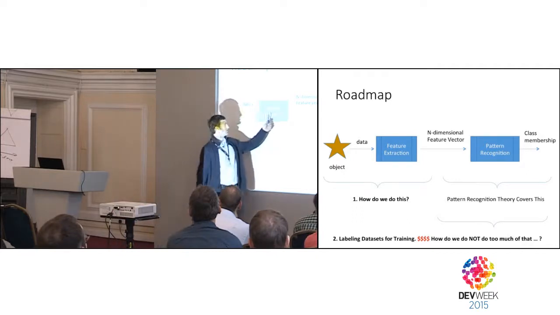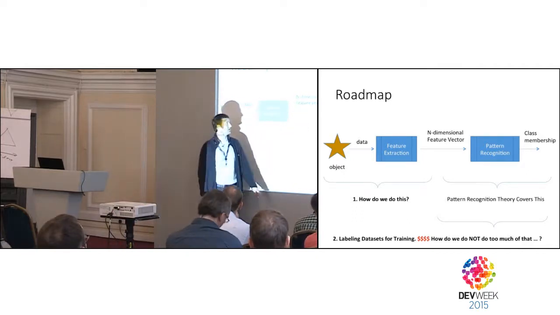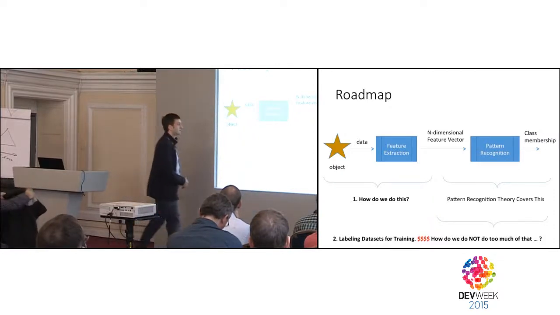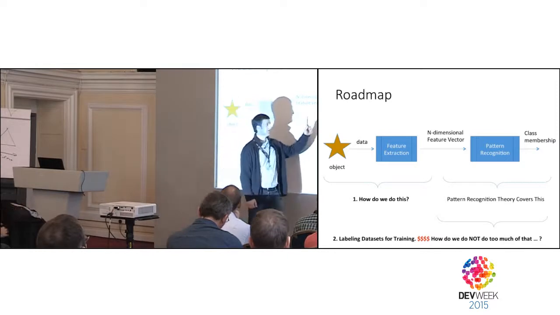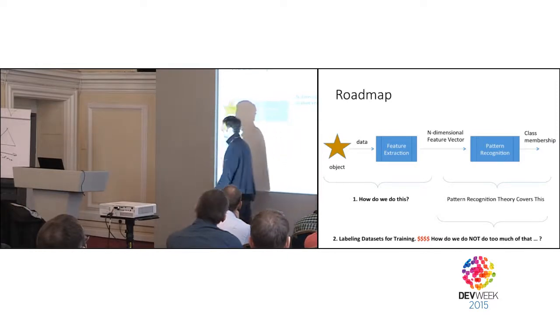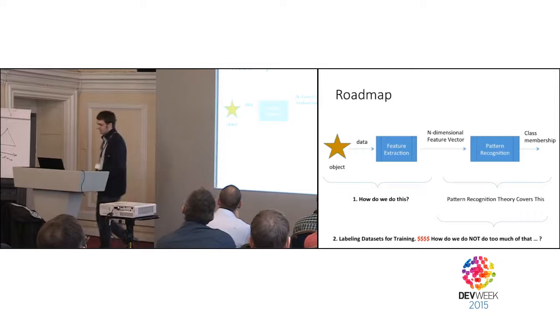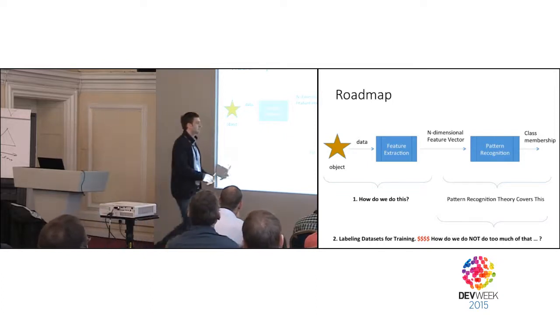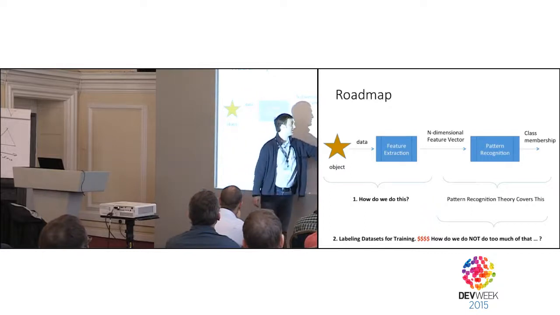After feature extraction, we receive an n-dimensional feature vector that is later submitted to the pattern recognition mechanism, which in turn gives us the class membership. As I say, pattern recognition covers this part.